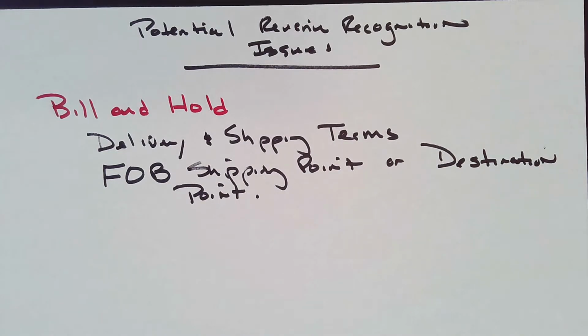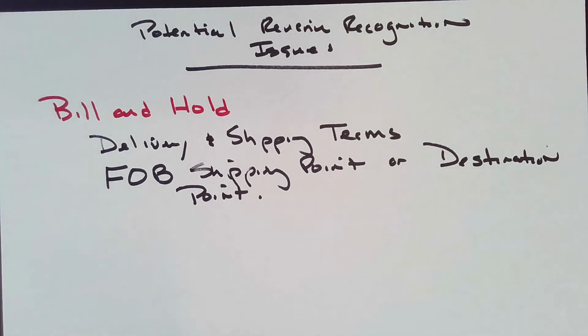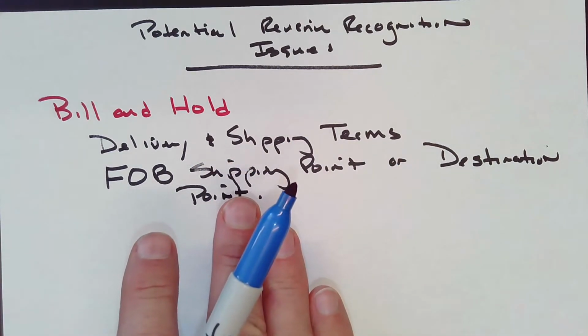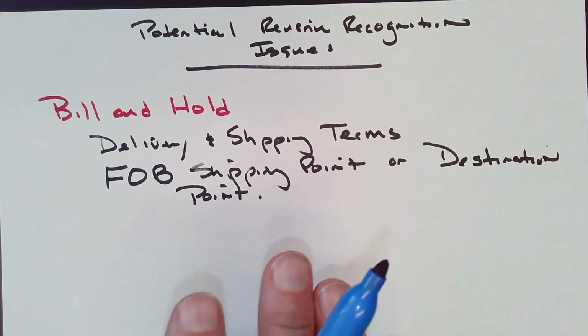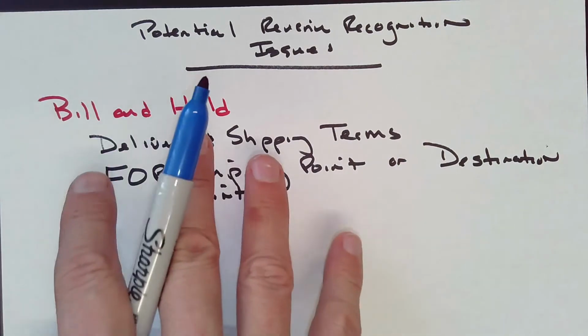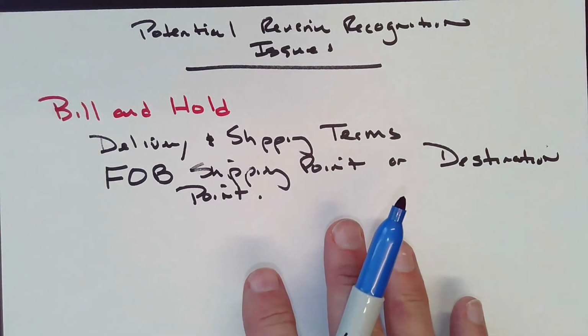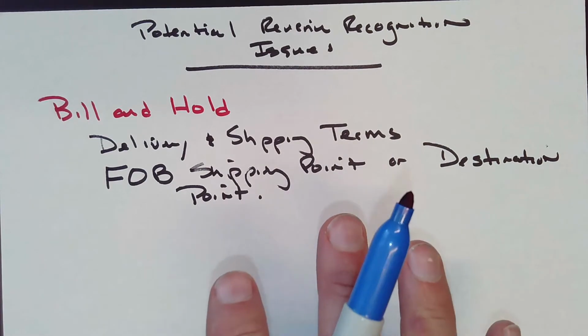So the things we've got to look for to make sure the customer has obtained control of the product: even while it's sitting on our dock, if the customer has the ability to direct the use of the product, or obtain substantially all of the remaining benefits of what's sitting on the dock, then even though they haven't taken physical possession of it, they still may have control.